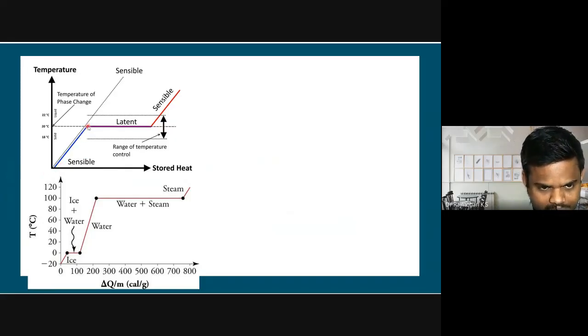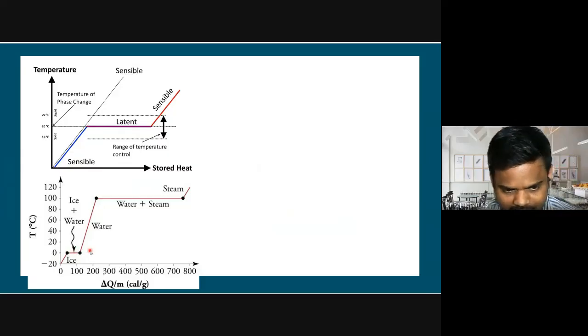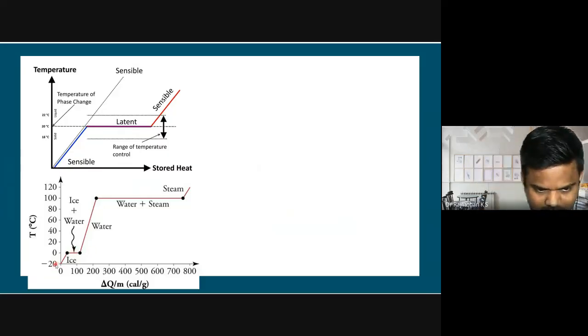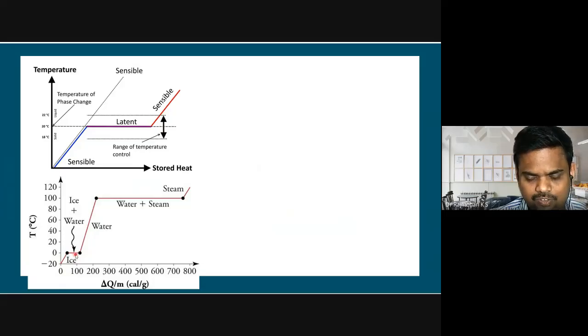But let us consider the case of water. When it is in ice form and you are raising the temperature from minus 20 to 0 degree Celsius, we can sense the sensible heat. But at 0 degree Celsius, there will be latent heat of fusion. So this ice will become water, and whatever heat is supplied is used for the phase change.